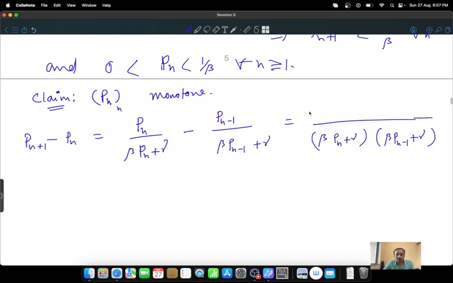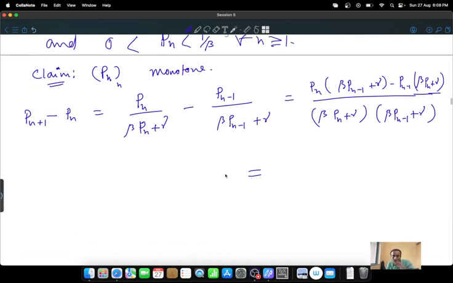And here it will be multiplied: Pn times beta P(n-1) plus gamma minus P(n-1) times beta Pn plus gamma. Okay, so now let's look closely.